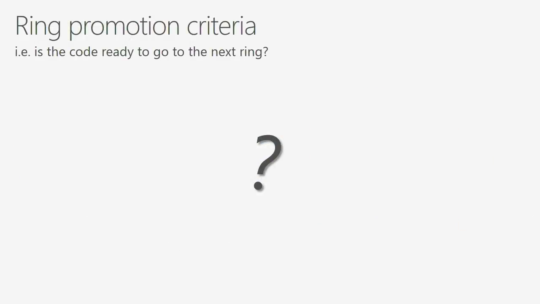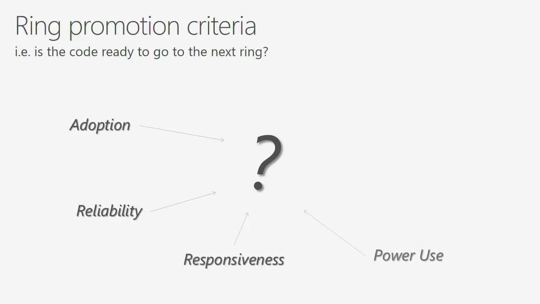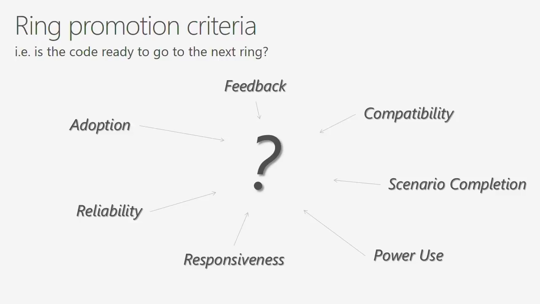So how we decide to promote: we really have a ring promotion criteria, and we look to see if the code is ready to go to the next ring. We look at adoption, feedback, reliability, responsiveness, power use, scenario completion, and then compatibility.